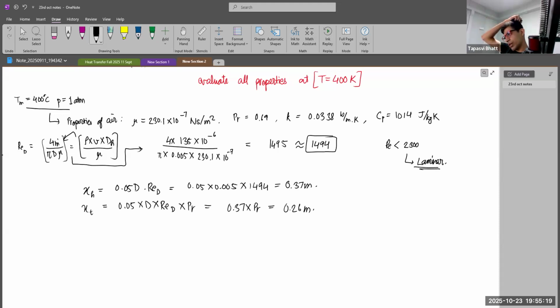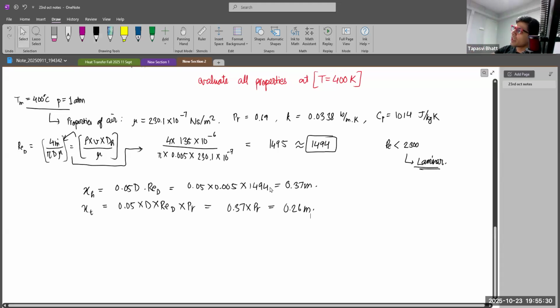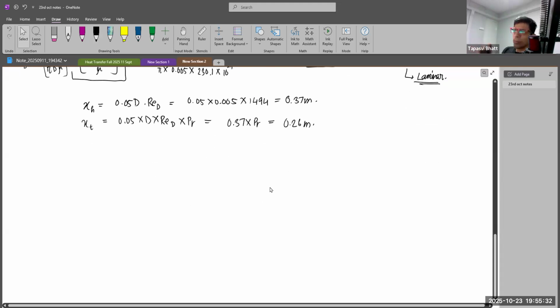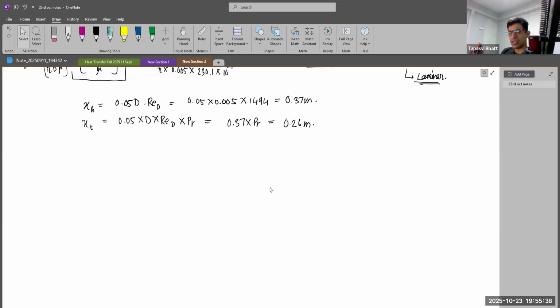So the thermal boundary layer becomes fully developed quicker than the hydrodynamic layer. Now, because the tube is 2 meters long, the flow becomes fully developed before the exit, and we have been given the specifications for the exit of the tube, the T_s at the outlet.